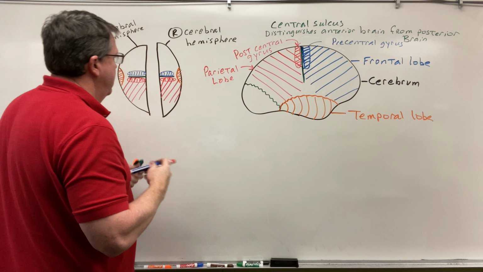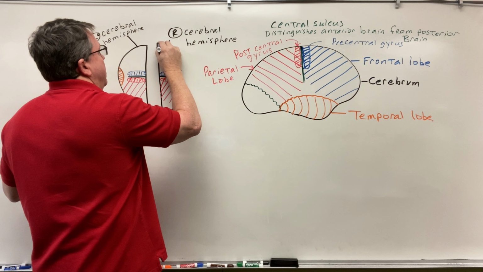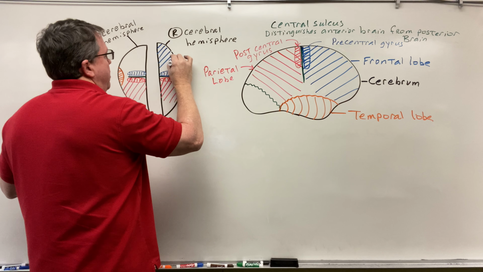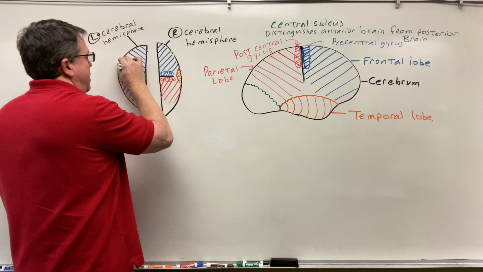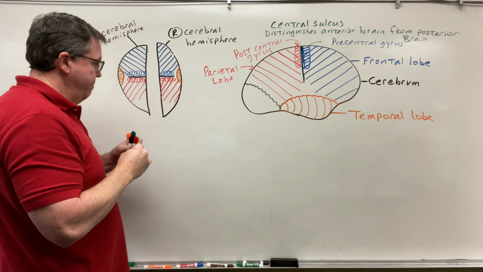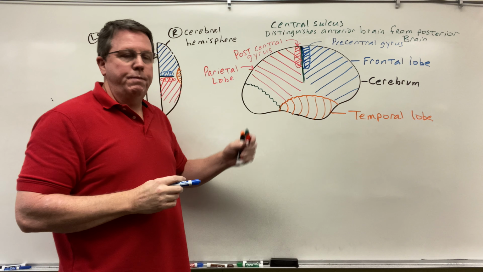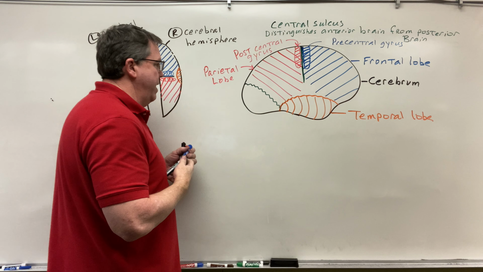And let me go ahead and throw in my frontal lobe. Okay, and so if you notice now we have the space back here, and this is my occipital lobe back here.